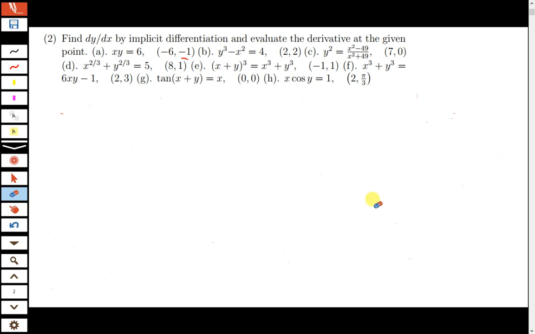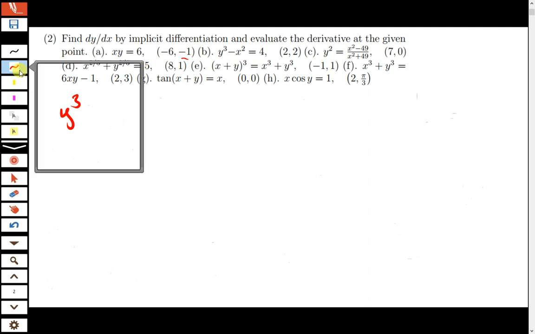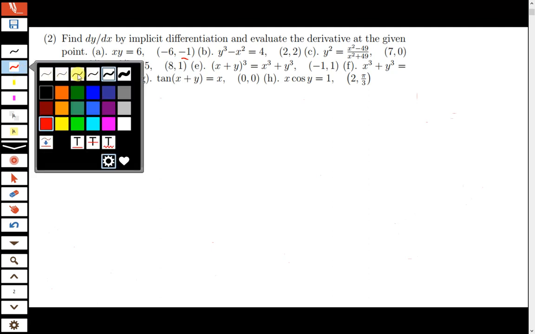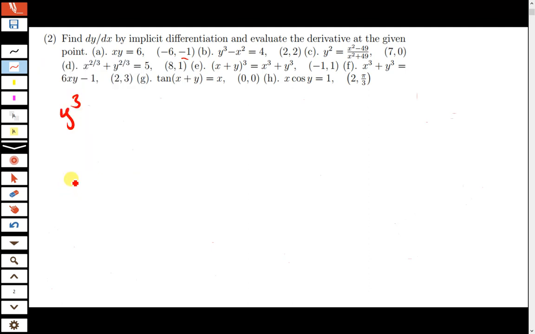Okay, so the next question is this one, which is y to the power 3. Let me just reduce the size of the brush. Okay, so we have y to the power 3 minus x to the power 3 is equal to 4. So differentiating this using implicit differentiation, we're going to differentiate the whole function with respect to x according to the question.